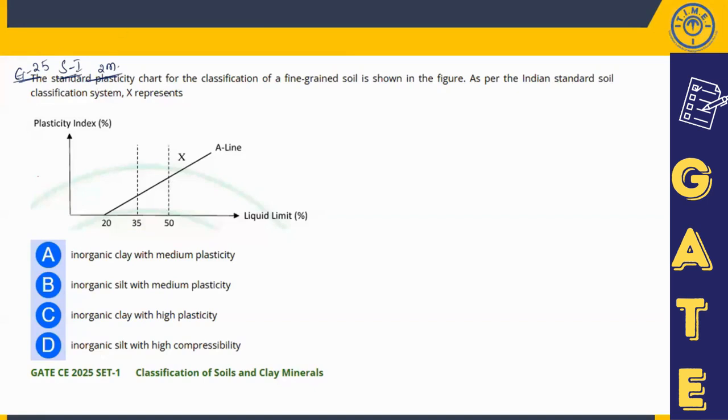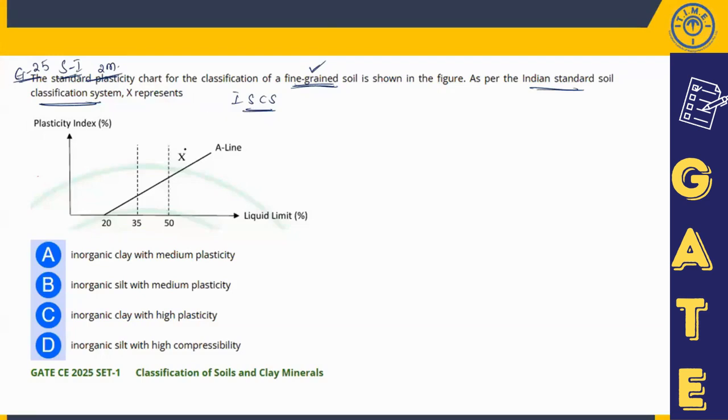The question states the standard plasticity chart for the classification of a fine grained soil. It is directly given. The type of soil is fine grained soil, my dear students, as shown in the figure, as per the Indian Standard Soil Classification System, ISCS.